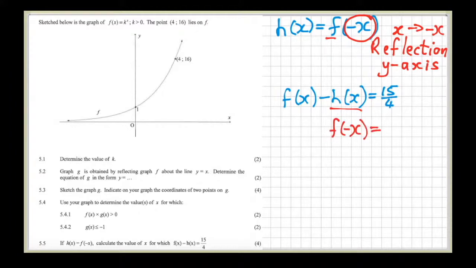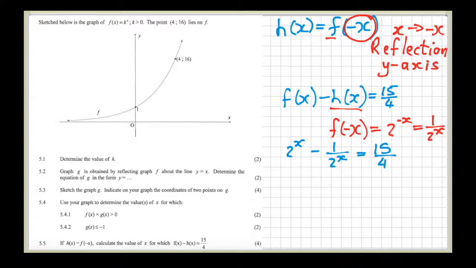Algebraically, that means replace every x with a negative x. In other words, 1/2 to the x. I like to simplify it because I might use it later on. So in the place of f of x, I'm going to put 2 to the x. In the place of h of x, I have 1/2 to the x. This is equal to 15/4.